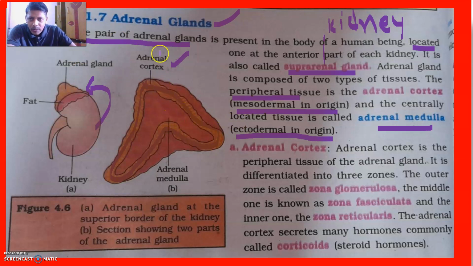Let us first talk about the adrenal cortex. The adrenal cortex is the peripheral tissue of the adrenal gland. As we discussed, the peripheral tissue is called the cortex. It is differentiated into three zones.